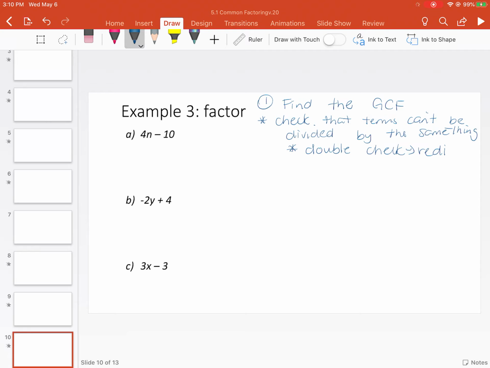Sorry, it seems to have frozen here. You can redistribute and you should get the same answer back. So then you know that you've probably done it right, and you can check that you've gotten your answer right.